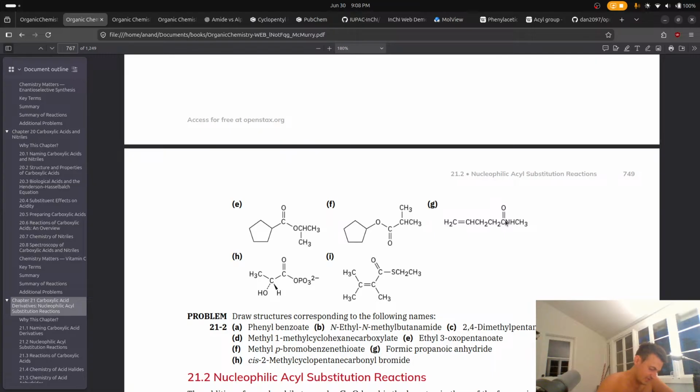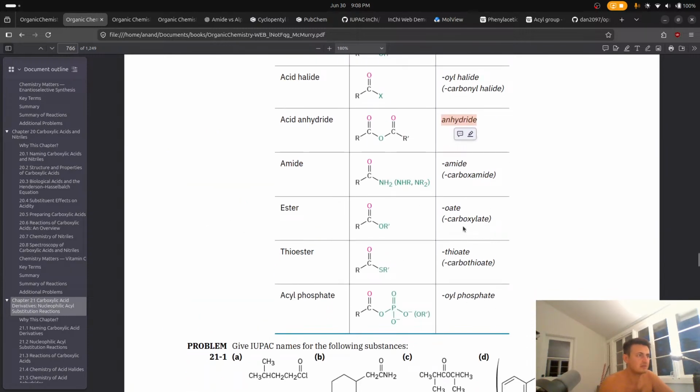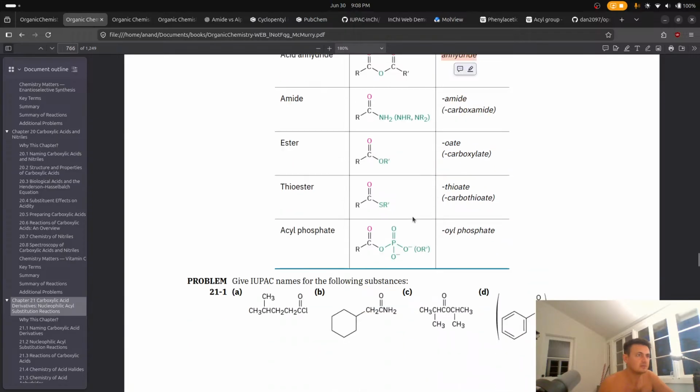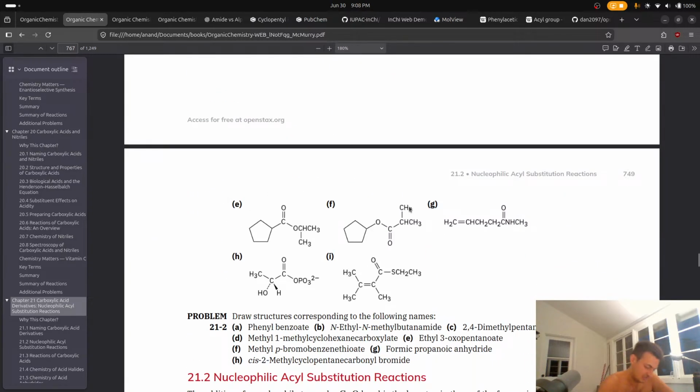So then we're gonna have N-methyl pent-4-ene. I still do amide. So it's still amide. So enamide. N-methyl pent-4-enamide.